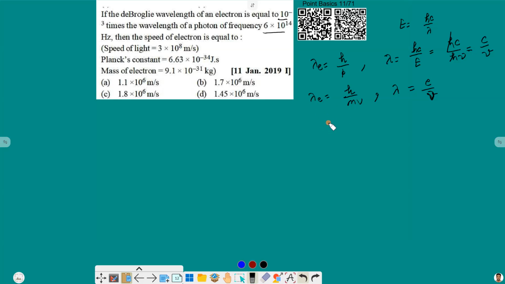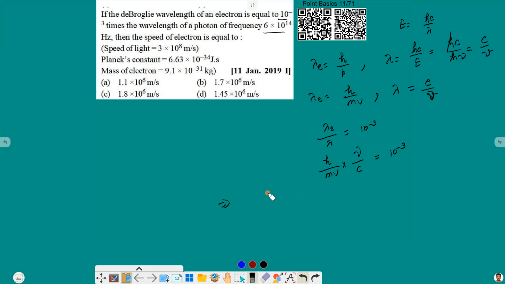Now if I divide both of these, electron divided by photon, that is equal to 10 raised to power minus 3. So this will give us h by mv into frequency by c is equal to 10 raised to power minus 3. Now from this we can calculate velocity.